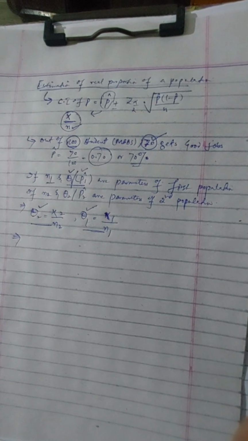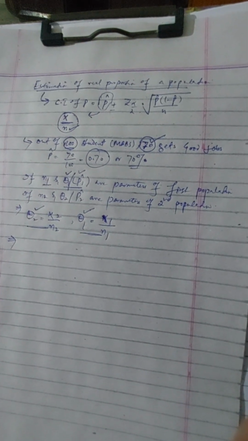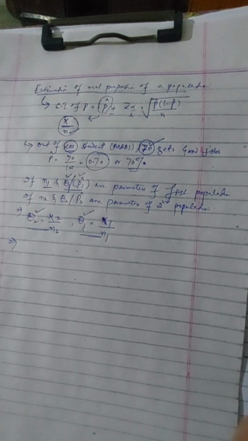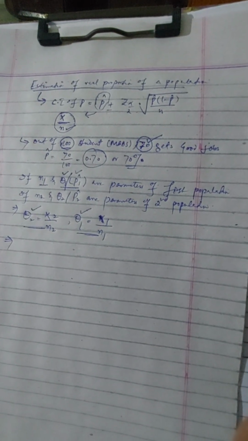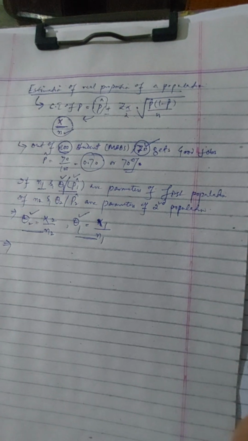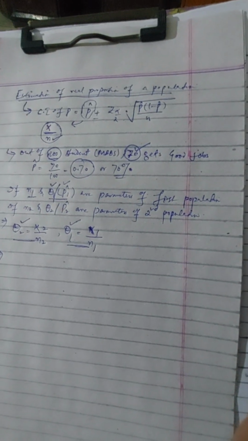So in this case, the theorem says that the confidence interval of this proportion difference will be equal to, let me write it down.